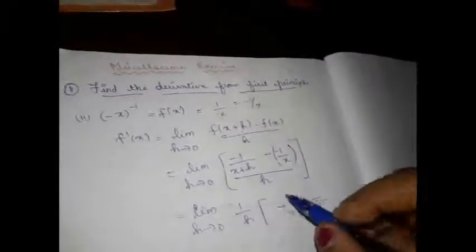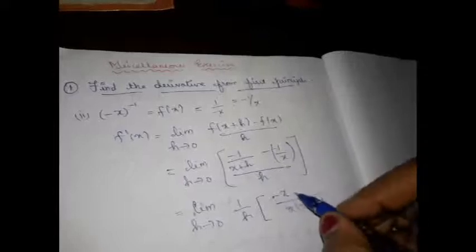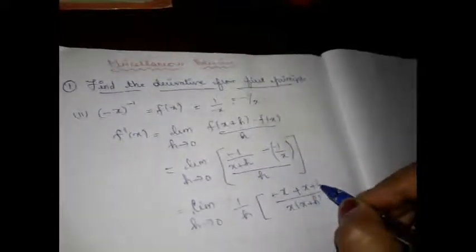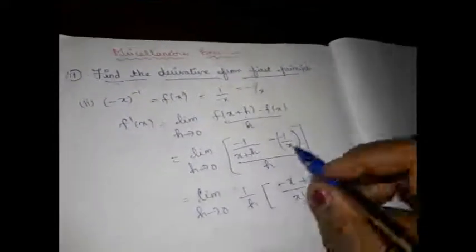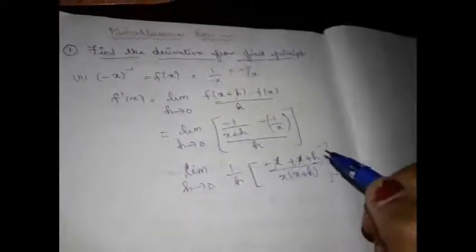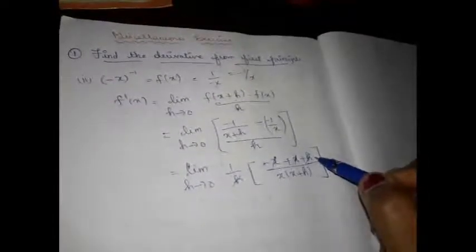So it will become minus x, minus into minus is plus x plus h. I have cross multiplied since we have taken LCM. So plus x minus x will get cancelled. We will get h in the numerator, and this h and this h we can cancel, right? I didn't cancel directly, don't take it the other way.